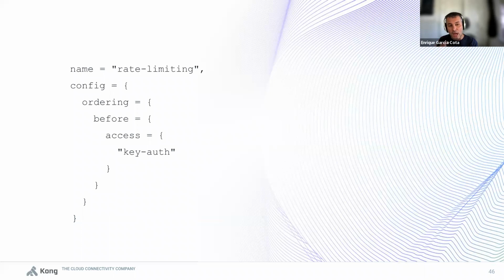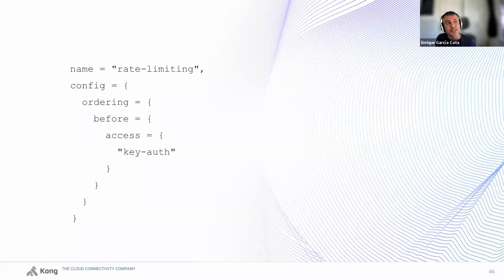Plugins can now have an ordering clause with a before or after subclause inside. And this is how you would override the default ordering of plugins. So in this case, the rate limiting will happen before authentication, which is completely against the traditional fixed order of plugins and priority, but it can be done now.